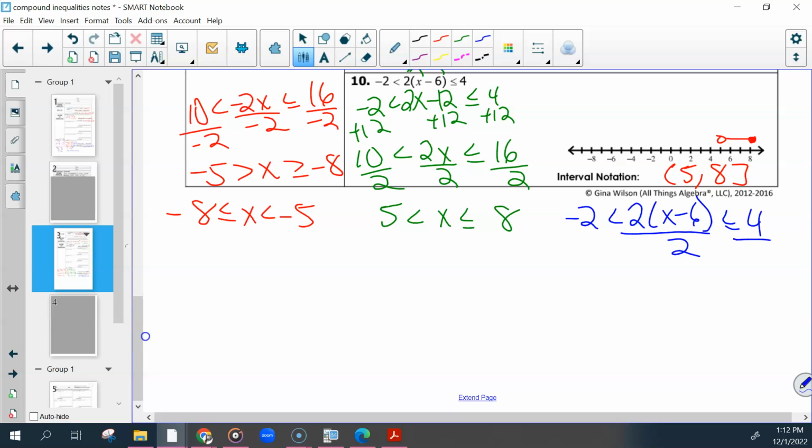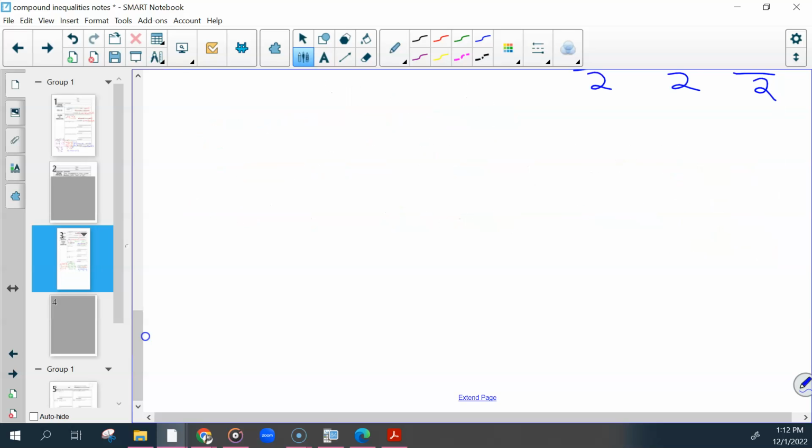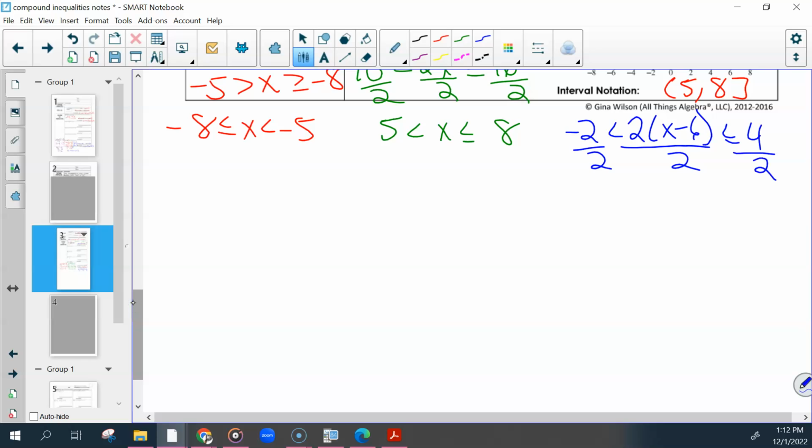So I'm going to do that first instead. So we have negative 1 is less than x minus 6, which is less than or equal to 2. Then you would add 6 to everything. Get 5 is less than x, which is less than or equal to 8.